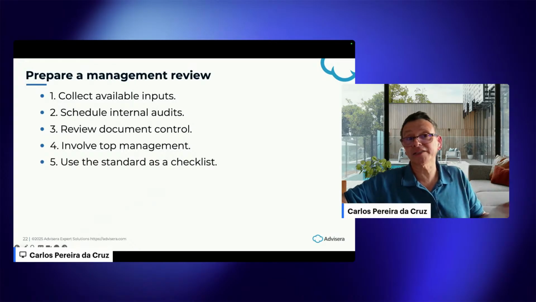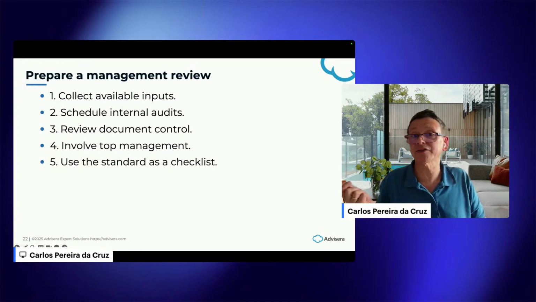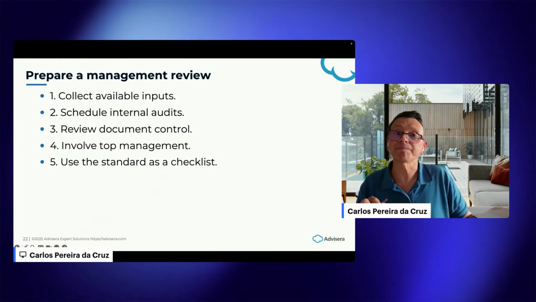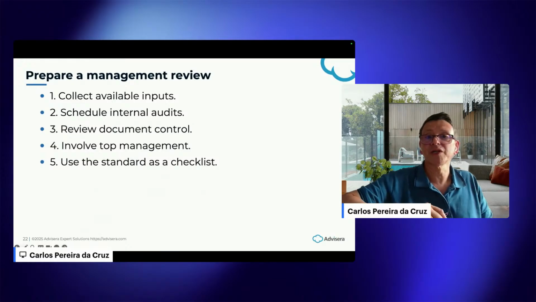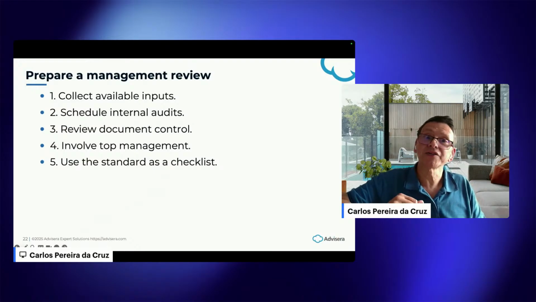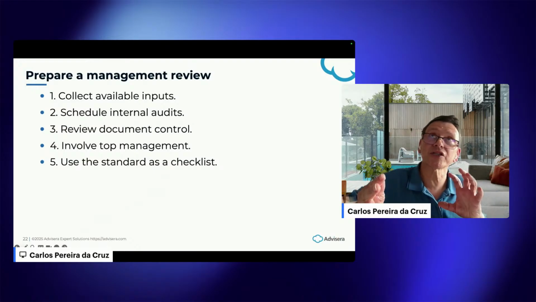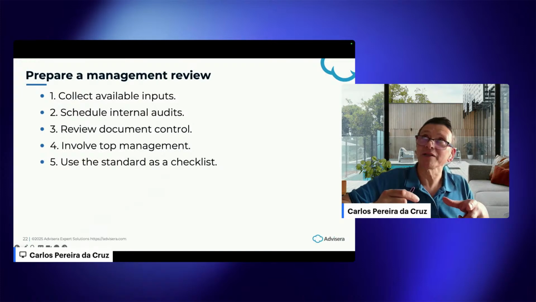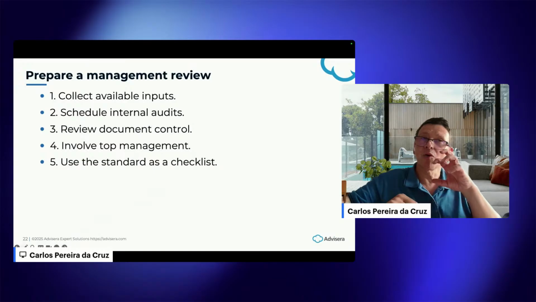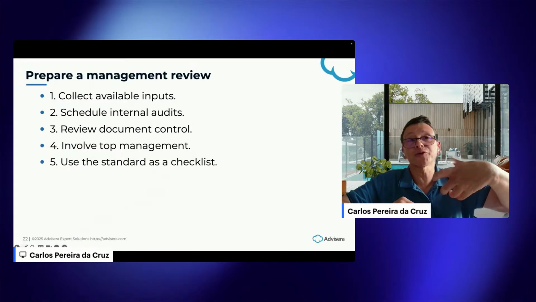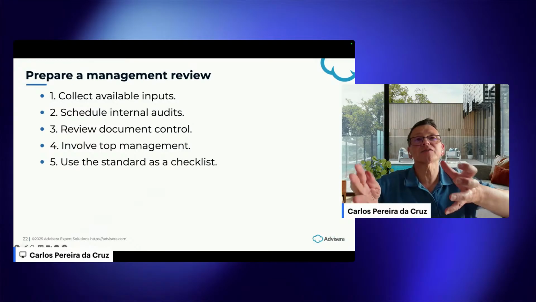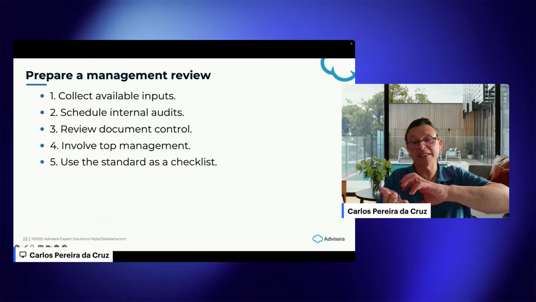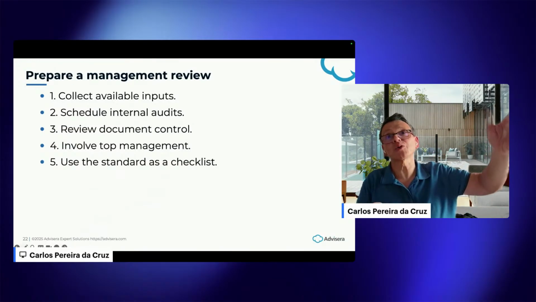Use the standard as a checklist, so structure your review around ISO 14001, the inputs and outputs. And you're not too late. Use this as your first structured evaluation and build from it. If possible, don't think at the beginning about the standard. Think about what you want to know about your system, the current status of the system, and based on that, where it needs to go in the future.